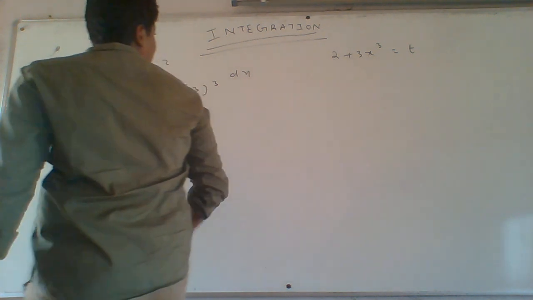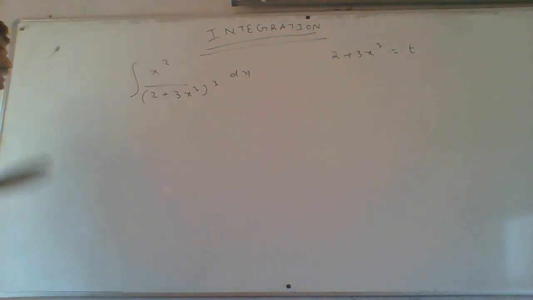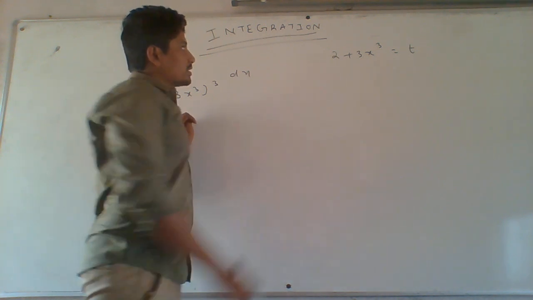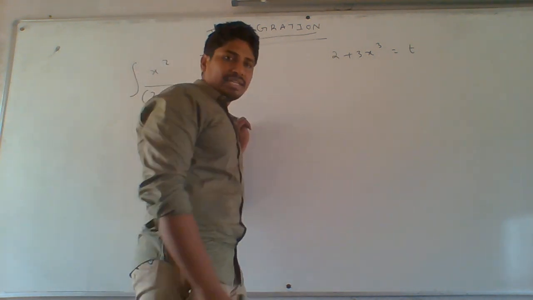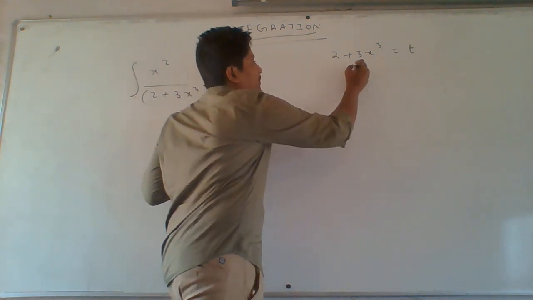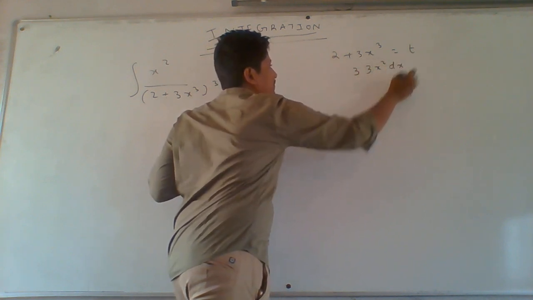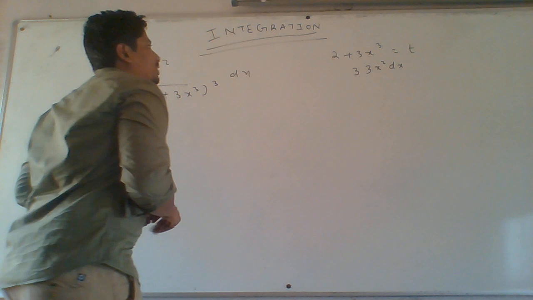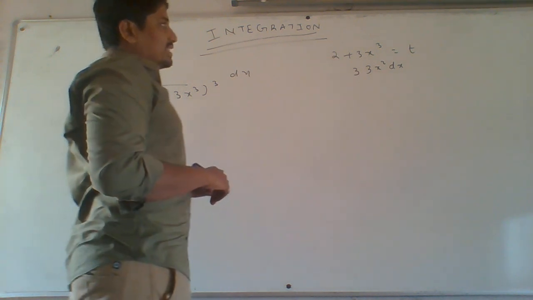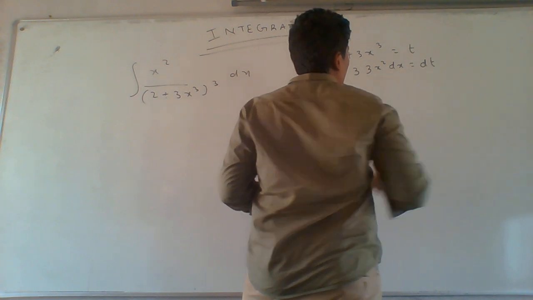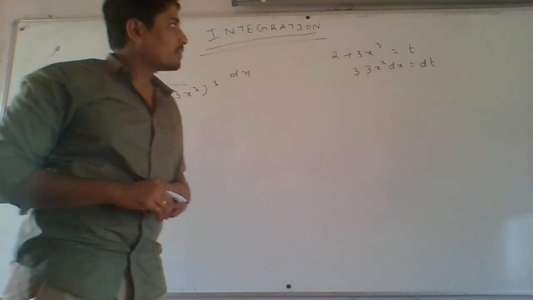2 plus 3x cube equals t. Now take the derivative on both sides with respect to the variable. Derivative of 2 is 0, derivative of 3x cube is 3 into 3x square dx, which equals dt.